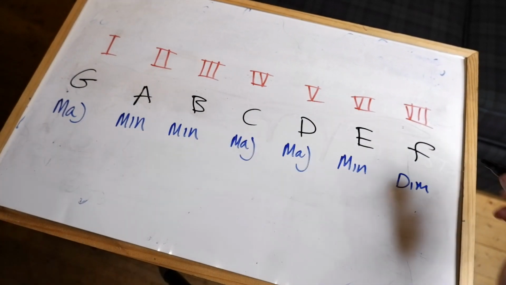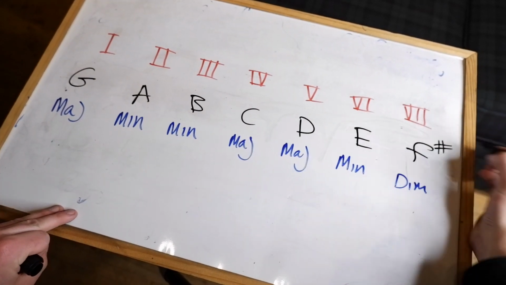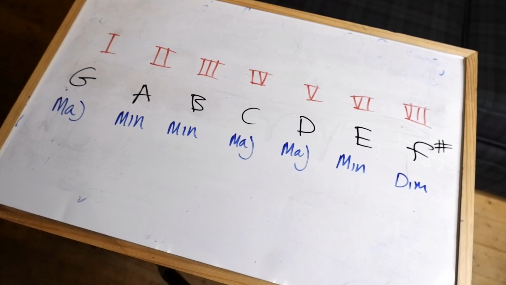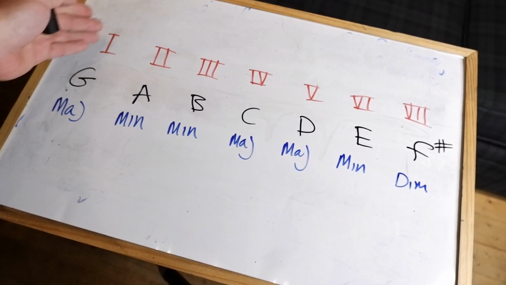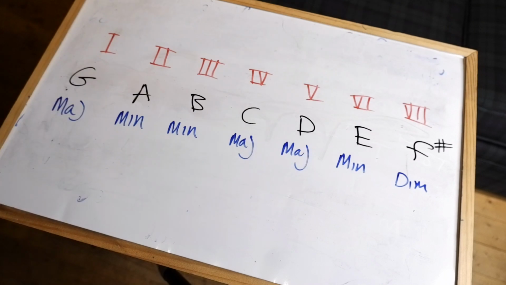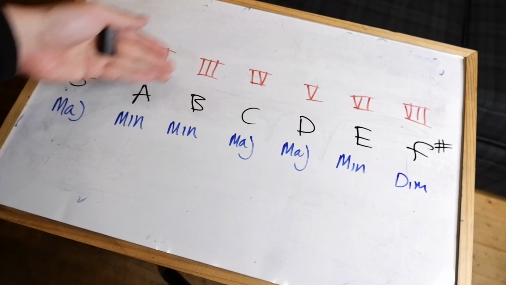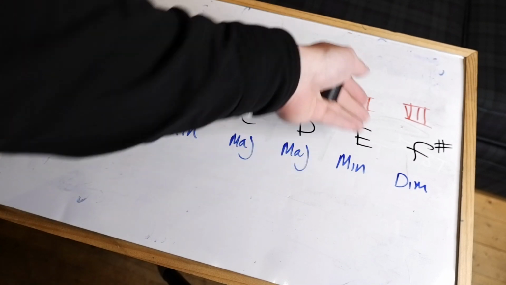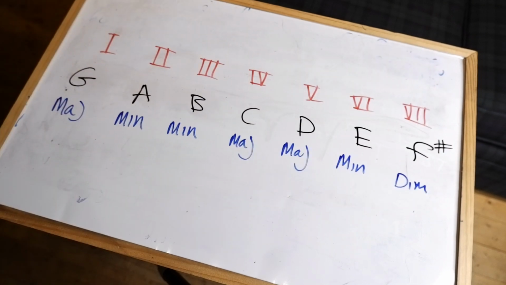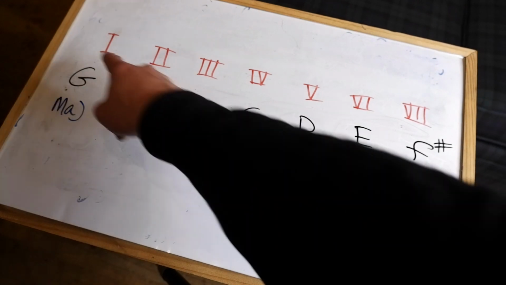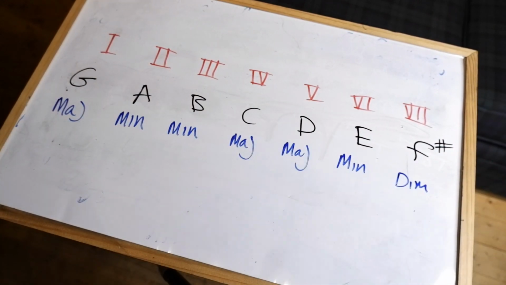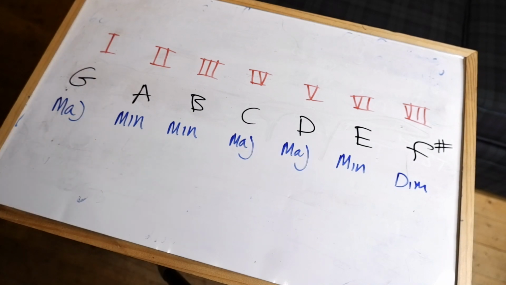G major has an F sharp. If I take this major scale, the letters have changed, but the names of the scale degrees do not change. And this will work with any major scale. You can put all 12 major scales in here, and the numbers and the tonality of the chords will always stay the same. So let's have a look at this on the guitar.